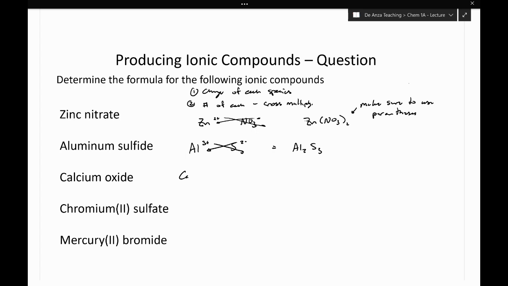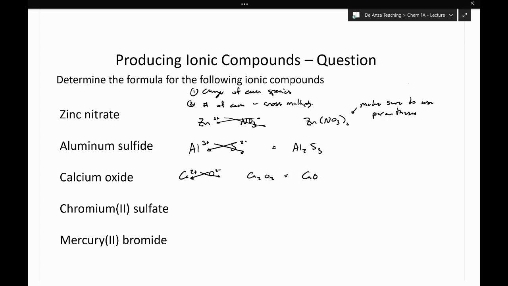Next, we have calcium oxide, so Ca2+, O2-. We do the cross multiply. We get Ca2O2, and we see that we can actually reduce this by dividing both the subscripts by 2, so we get CaO. And of course, in this case, if you see that you have charge neutrality, you don't have to do the cross multiply and reduce. You can just write down calcium oxide.